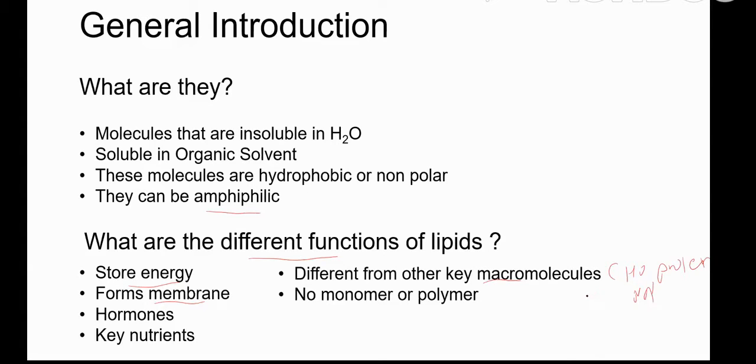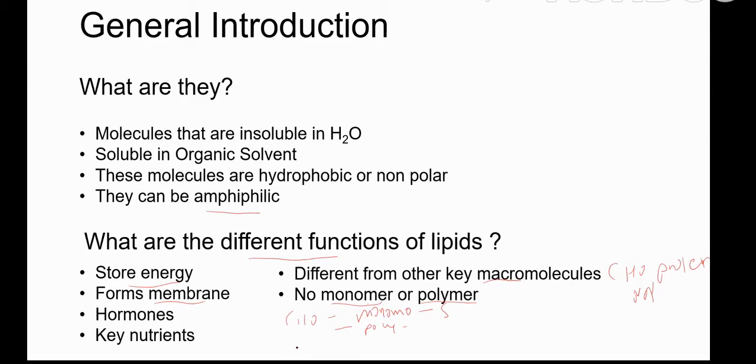The key here is that there is no monomer or polymer. For example, in carbohydrate, the monomer is monosaccharide, or monosugar, and you have polysaccharides. So in carbohydrate, you have monomer as well as polymer.